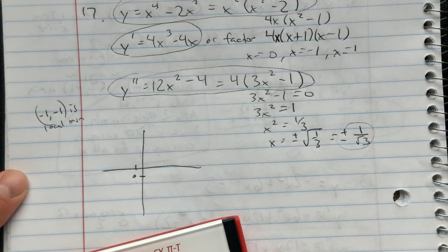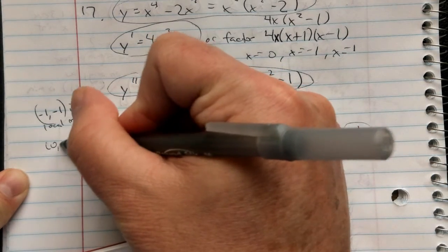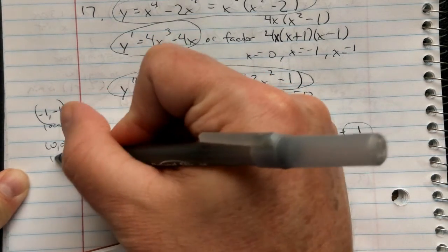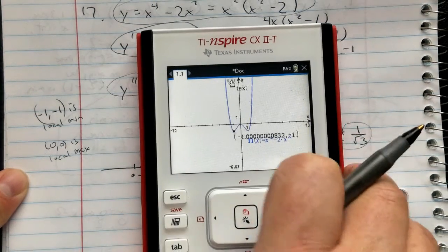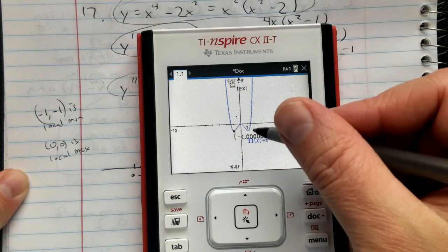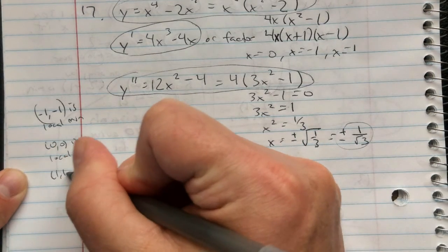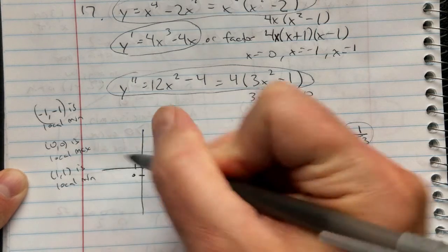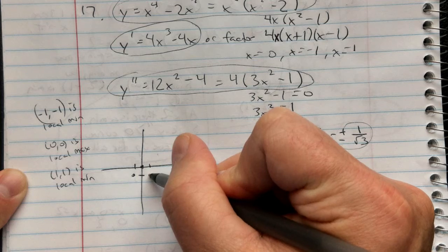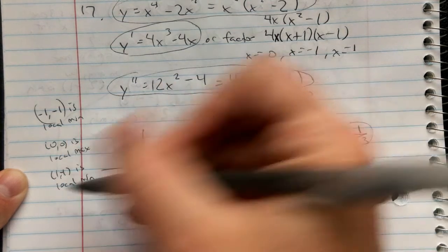And 0, 0 is the local max. And it's symmetric, so 1, -1 is the local min. One, -1 right there.